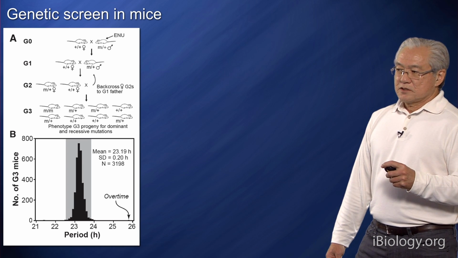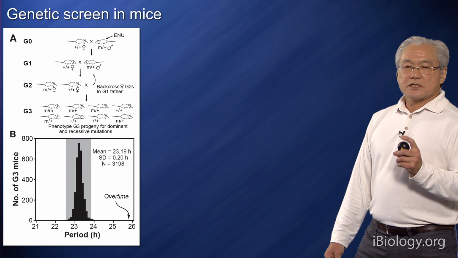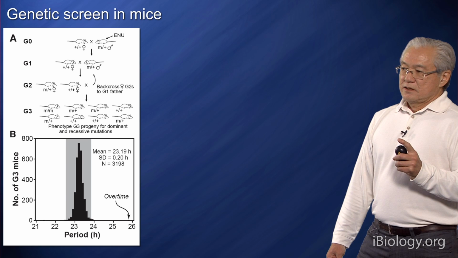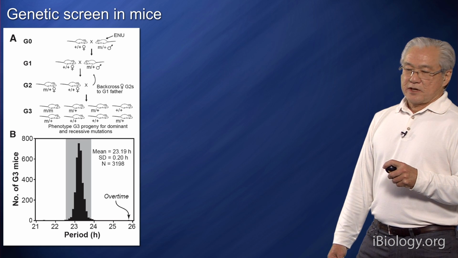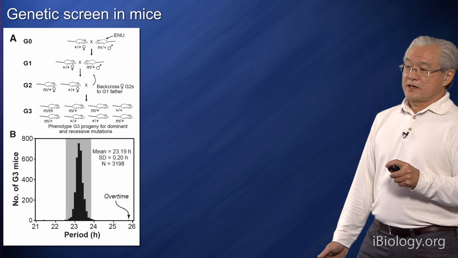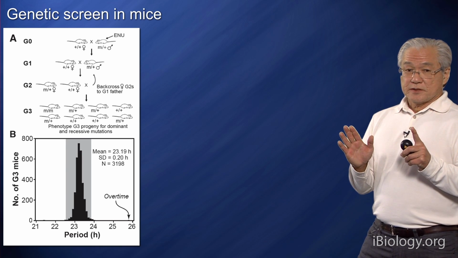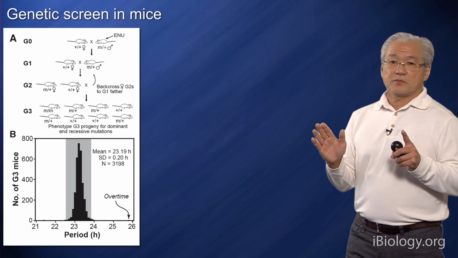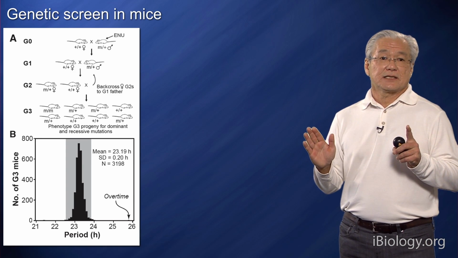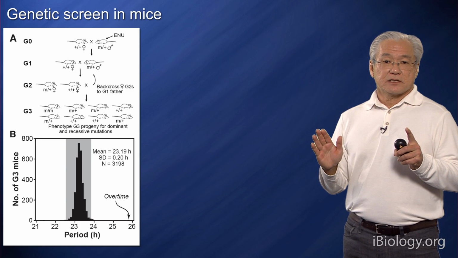What's remarkable about this behavior is how similar each of the mice are to each other. So the average in this experiment was about 23.2 hours for the whole population of 3,000 mice, but the variation within that population was only 0.2 of an hour. That's only 12 minutes between mice.